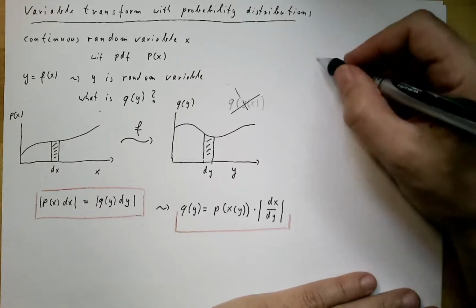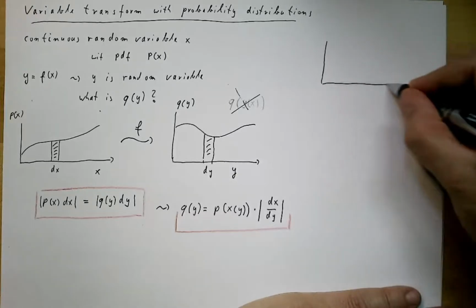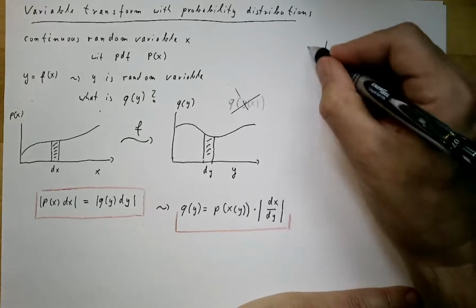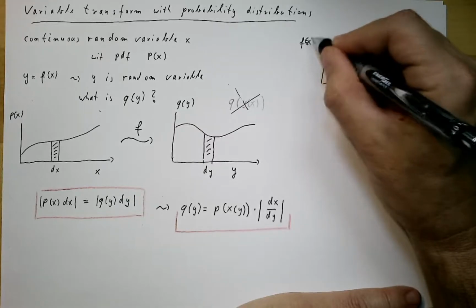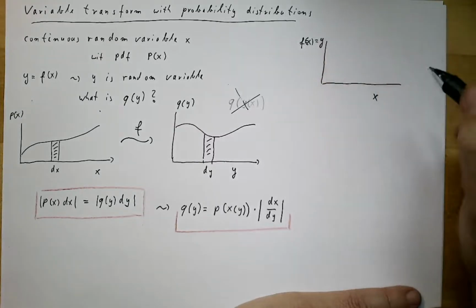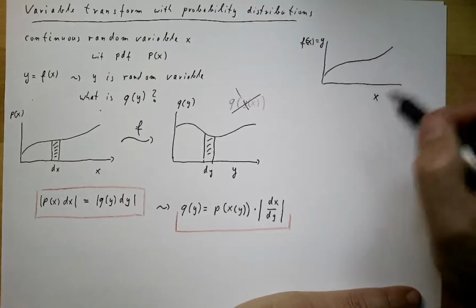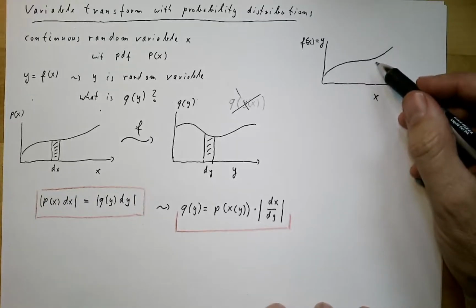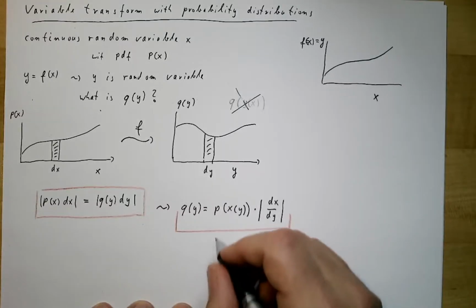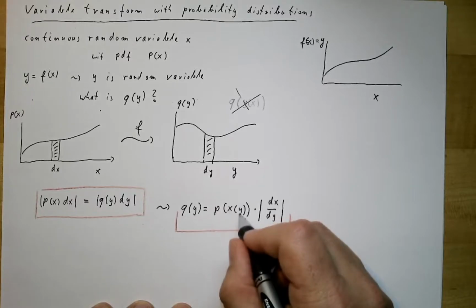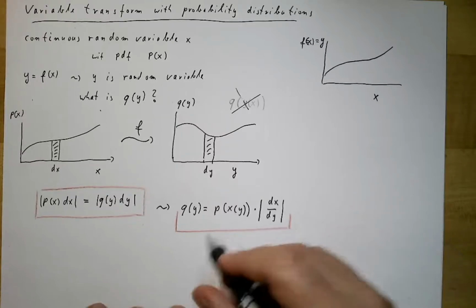Maybe I make a graph of the function. This is our variable x, and that's our new function f of x equals y. If this is an invertible function, then we can of course calculate the inverse x of y.